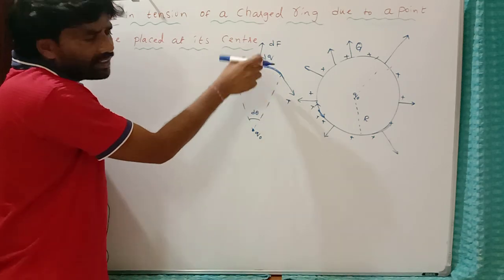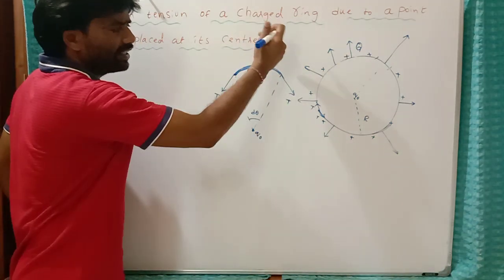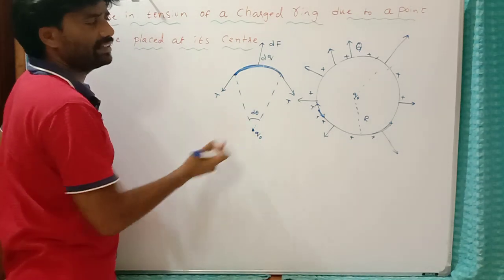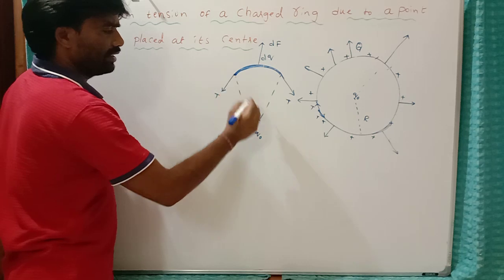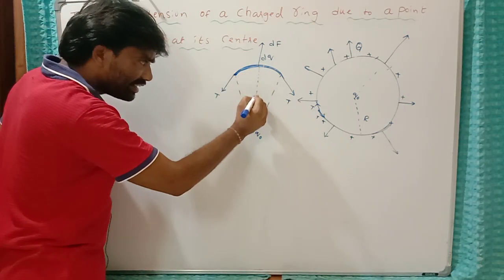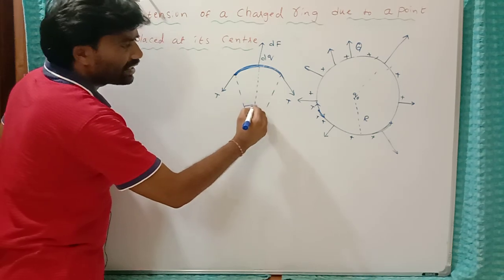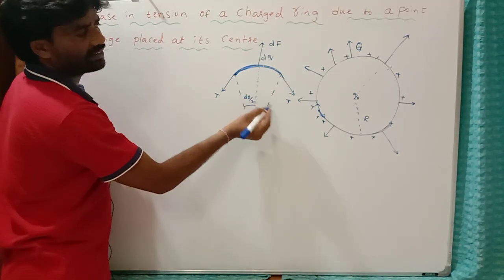However, this element is in a stable state; it cannot move in any direction. So let us extend this line like this. This angle becomes d theta by 2. This is also the same.